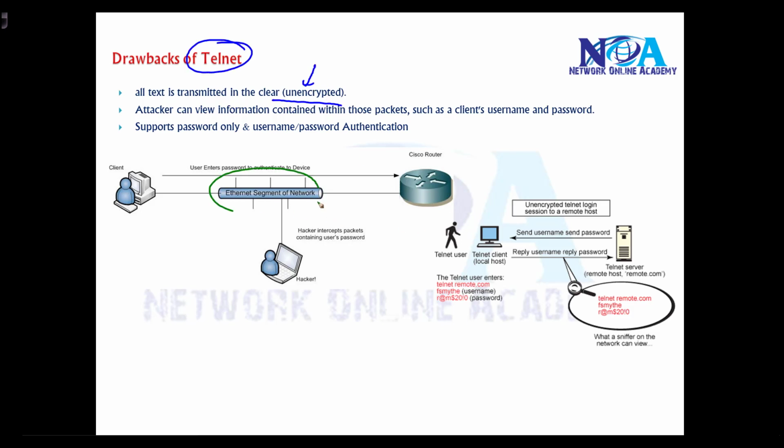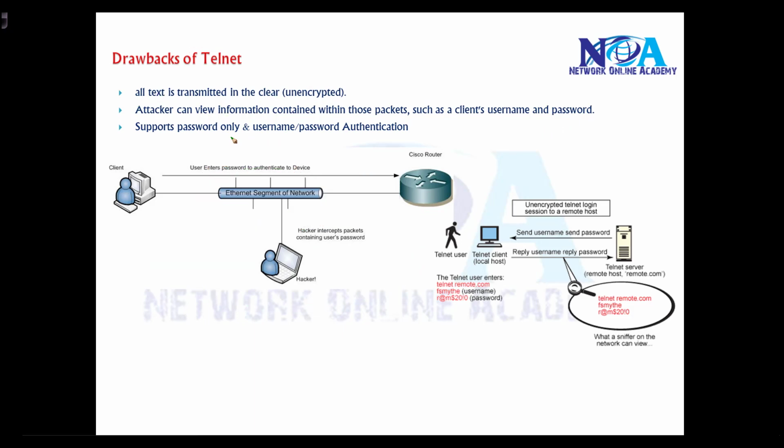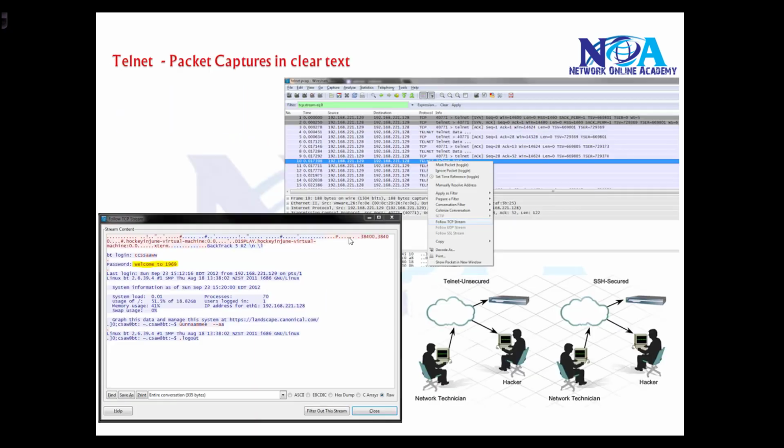If there is any attacker sitting in your network who is trying to capture the network traffic, and if he can capture your Telnet traffic, he can also get your username and password details, and he can use those credentials to gain access to the network or network devices. So the attacker can view the information in those packets, like usernames and passwords, and it is not a recommended way to do.